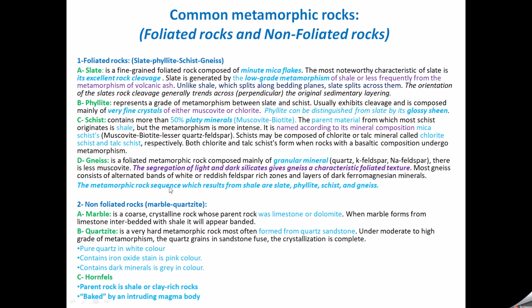The metamorphic rock sequence which results from shale is slate, phyllite, schist, gneiss. So low grade of metamorphism, slate, low to intermediate phyllite, and then intermediate schist, and then gneiss, the highest.